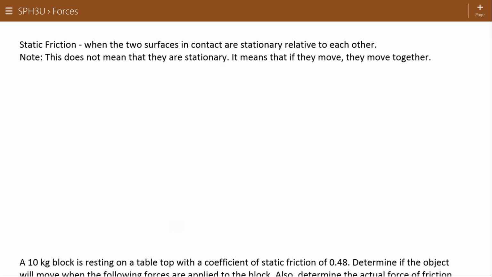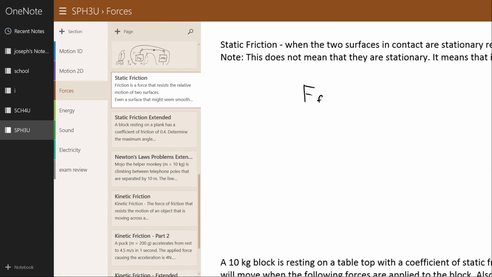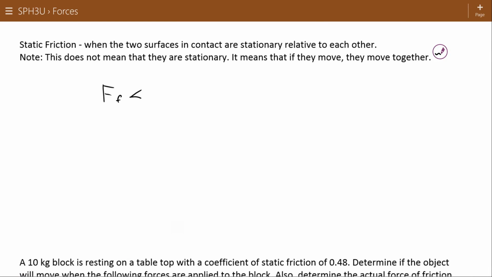In that case, we can come up with an equation for the force of friction. The force of friction is less than or equal to something called the coefficient of static friction, and it gets that funny U symbol that's called mu, times the normal force.